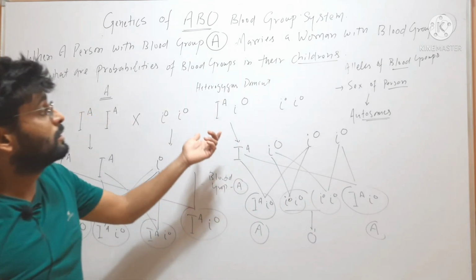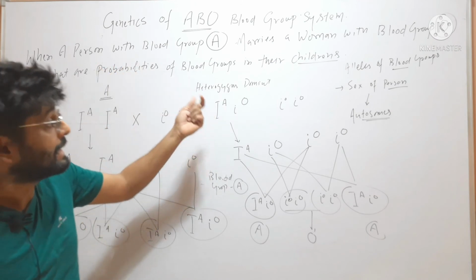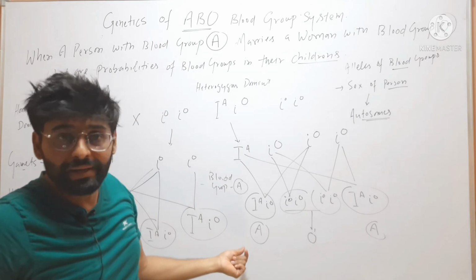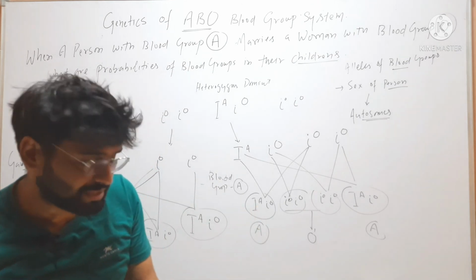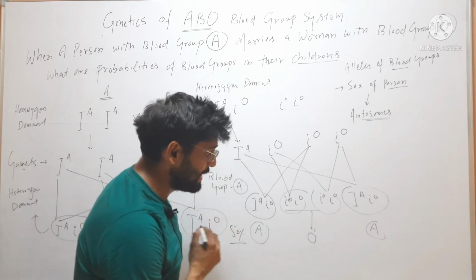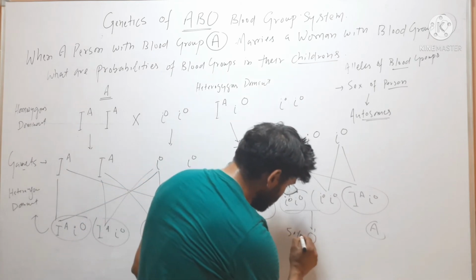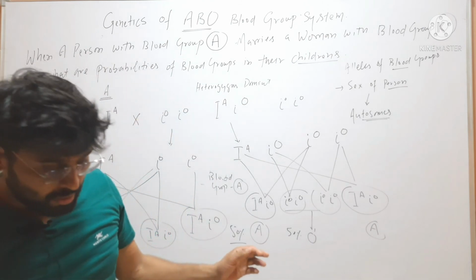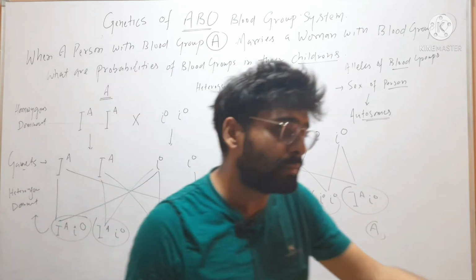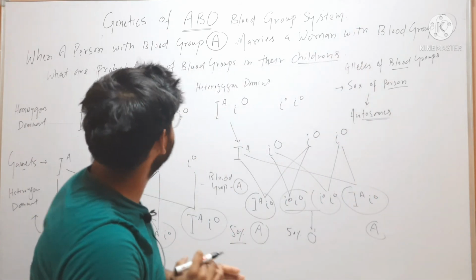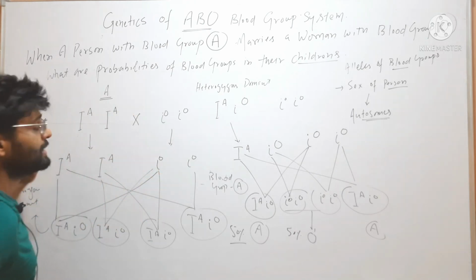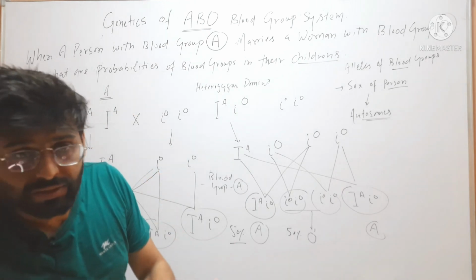So if a person is heterozygous dominant for blood group A, then there is a probability that 50% of their children will have blood group A and 50% will have blood group O. But by examining his blood group, we can't say whether this person with blood group A is homozygous dominant or heterozygous dominant.